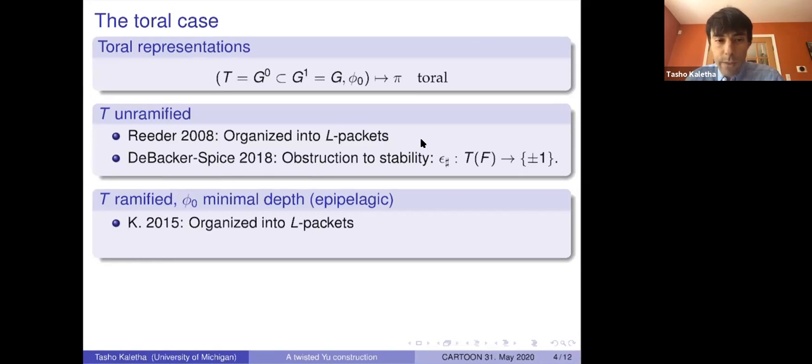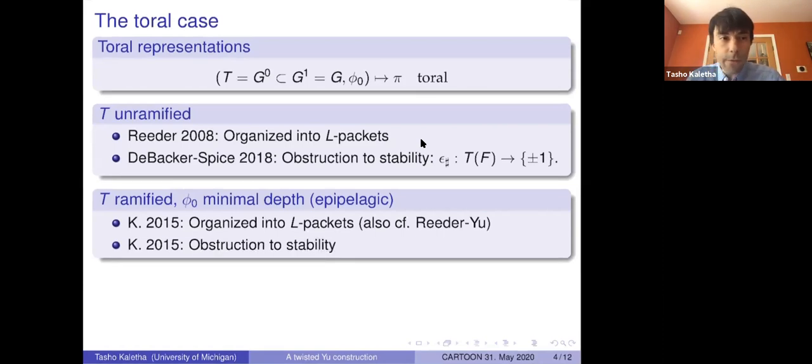And what I found was that the naive construction also didn't satisfy stability. I should say that Reeder and Yu had also related work on organizing these representations into L-packets. There was again an obstruction to stability for these packets, but it was different from the one in the unramified case. It was the character epsilon f, one of the three characters I introduced earlier.